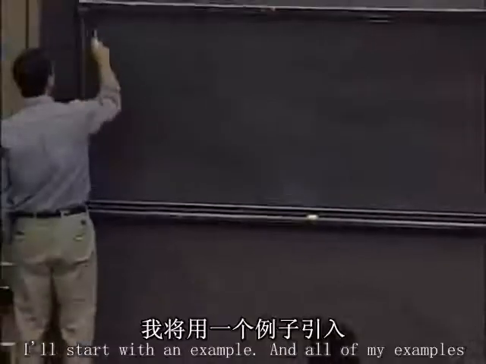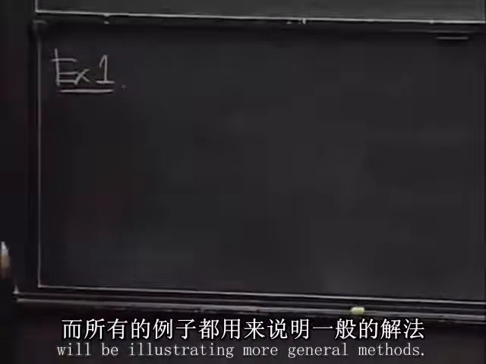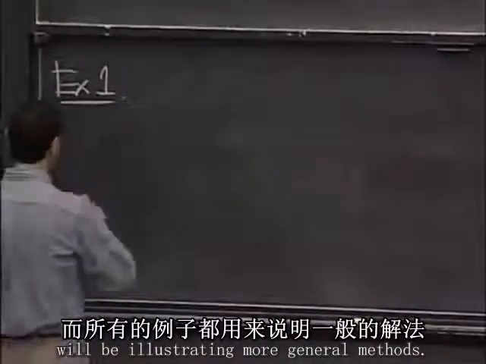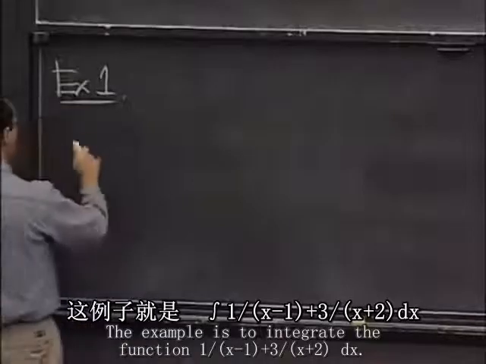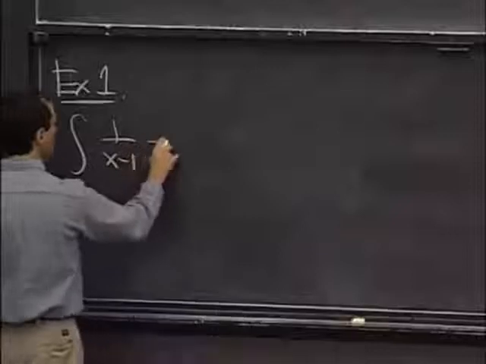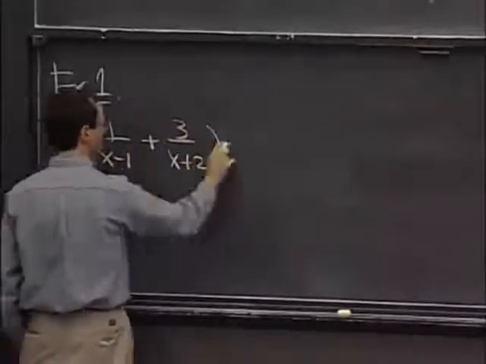I'll start with an example, and all of my examples will be illustrating more general methods. The example is to integrate the function 1 over x minus 1 plus, say, 3 over x plus 2 dx.